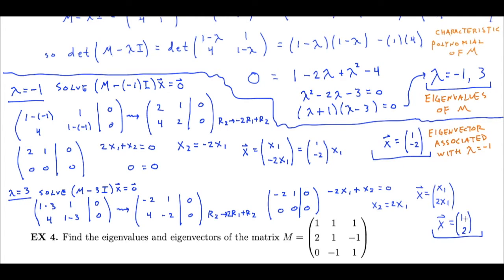And again, I recognize that any scalar multiple of that is also an eigenvector. So if you would prefer to write this vector as 3, 6, you're welcome to. If you would prefer to write it as negative 4, negative 8, all of those are also eigenvectors associated with this eigenvalue. So that was our first example, calculating eigenvectors and eigenvalues.